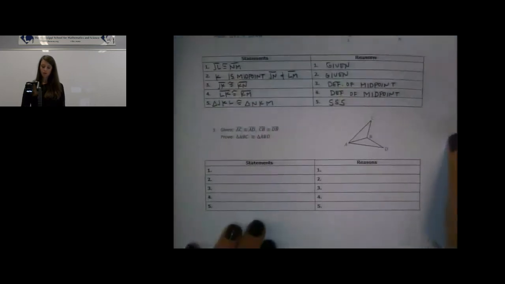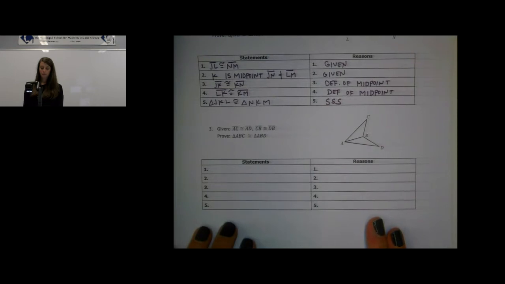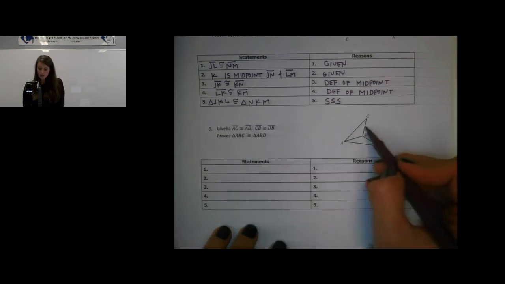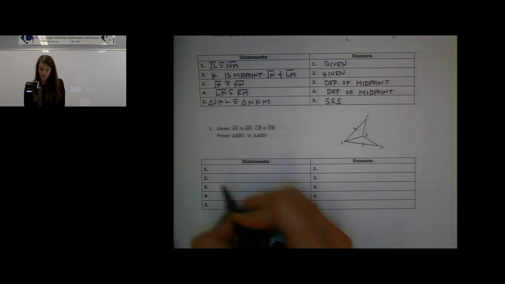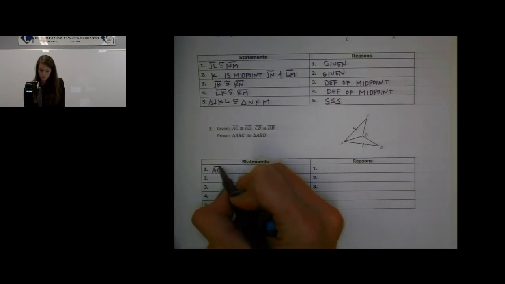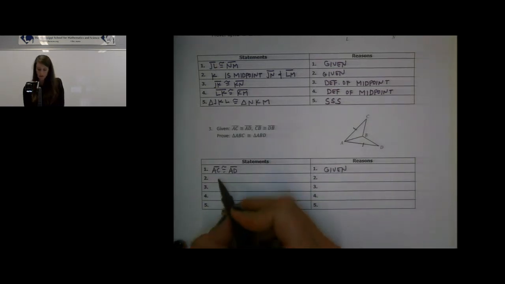All right, y'all try to do number 3. Given that AC is congruent to AD. So that is given to us. This one may not need all 5, I'm sorry.